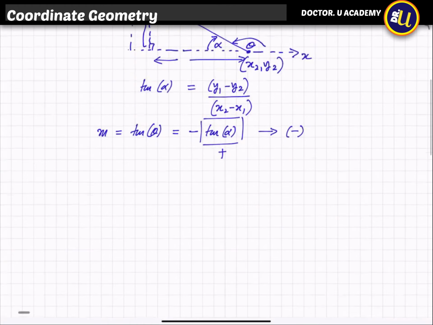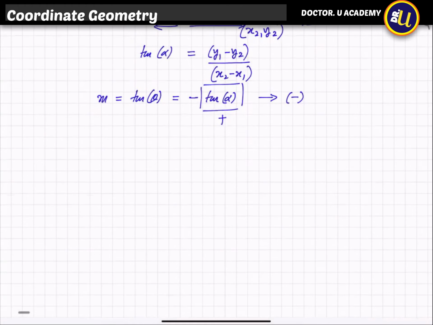Now we will understand a special case. In the xy Cartesian plane, if you have a line which is parallel with the x-axis, what would be the slope here? And there is another line which is parallel with y.